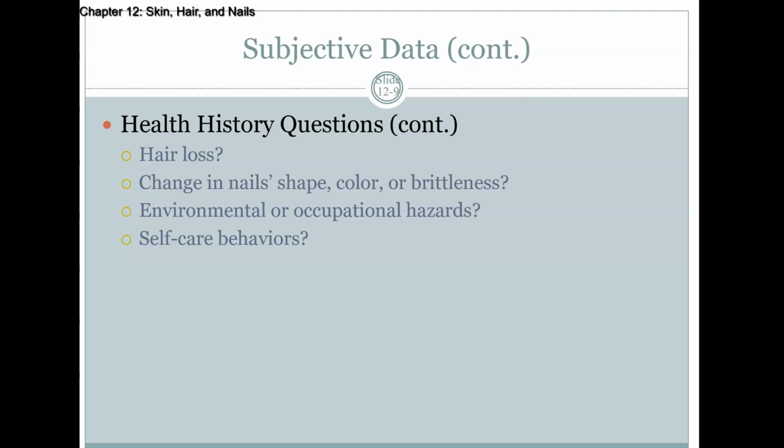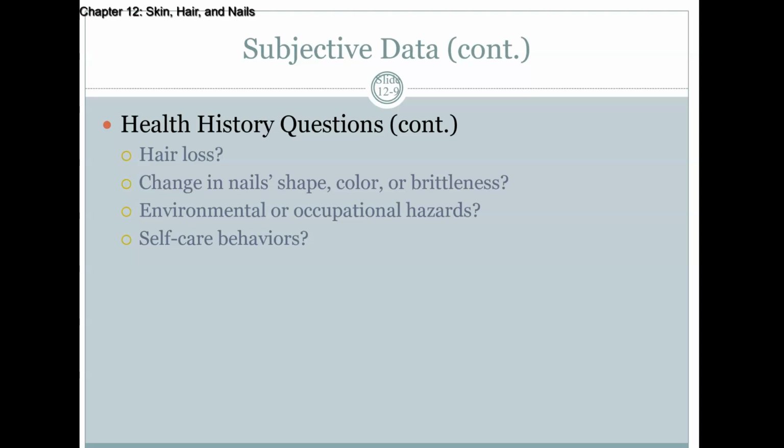This line is called linea nigra. They may have chloasma, which is another name for the mask of pregnancy on their face. They may have striae gravidarum, which is another name for stretch marks. Spiders as well.